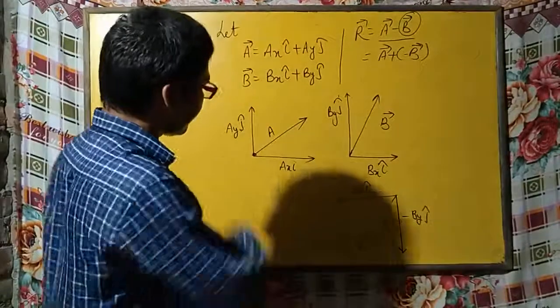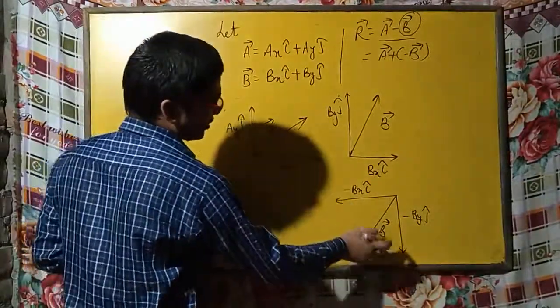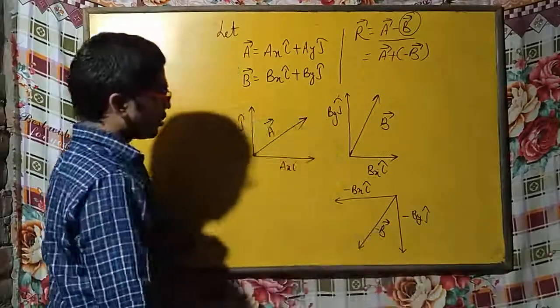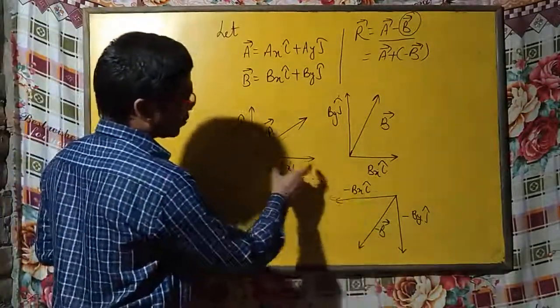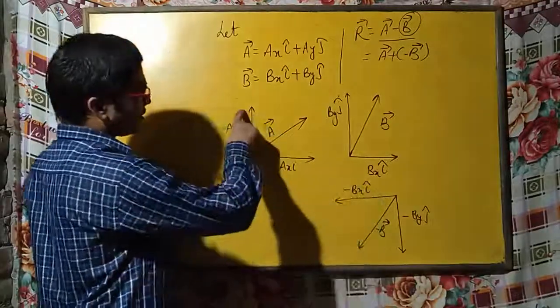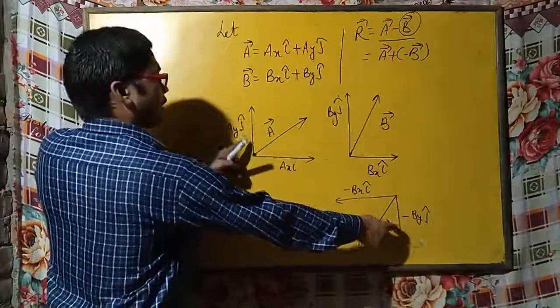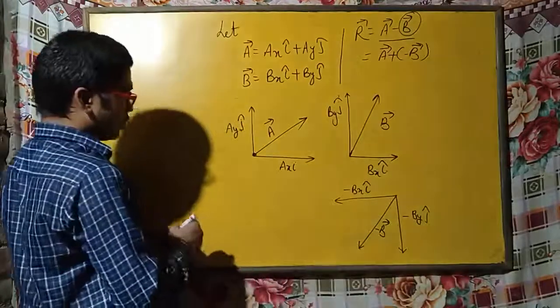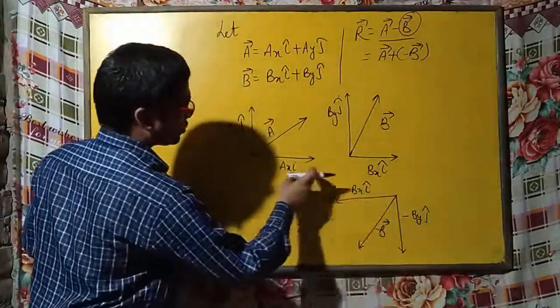Now you want to find the value of this A plus this minus B. It means you must add these two together, and you can see these two are opposite to each other, and these two are also opposite to each other. So you can subtract these two together and these two together.